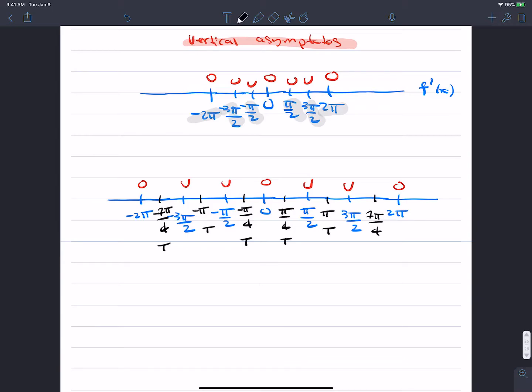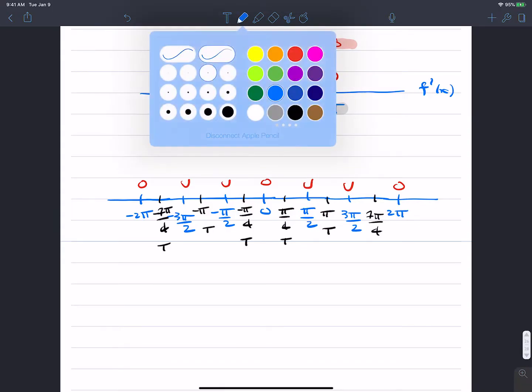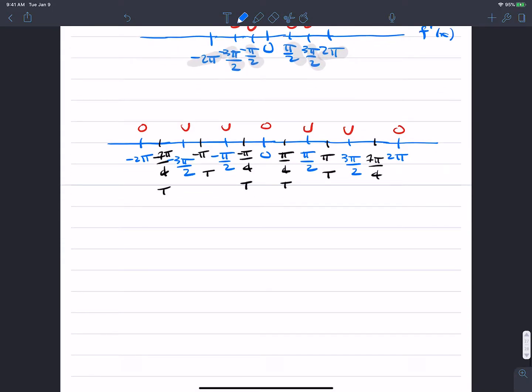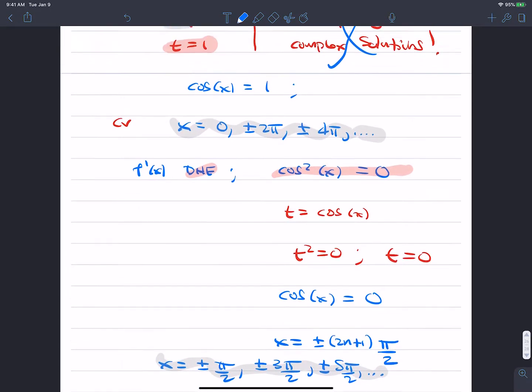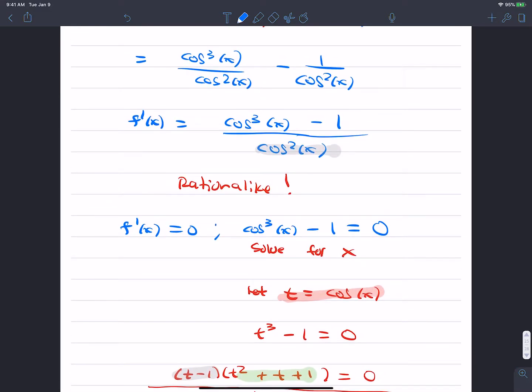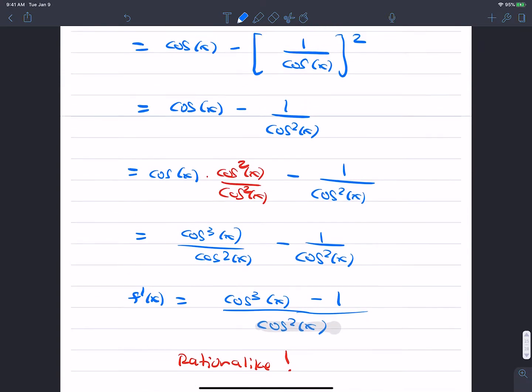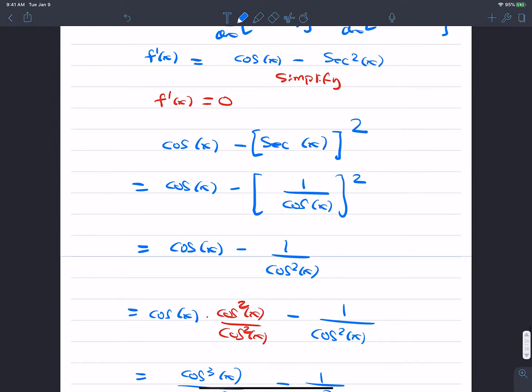And we're going to test the first derivative. And what was the first derivative again? Do you guys remember? Go back here. Yeah, the first derivative is cosine x minus secant squared x.